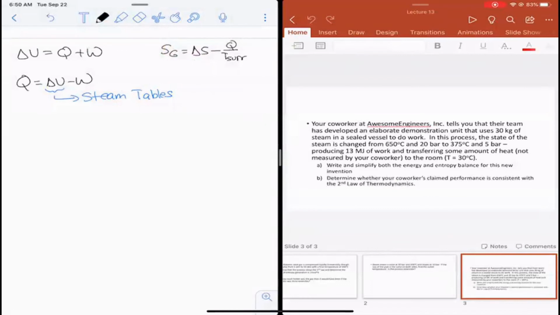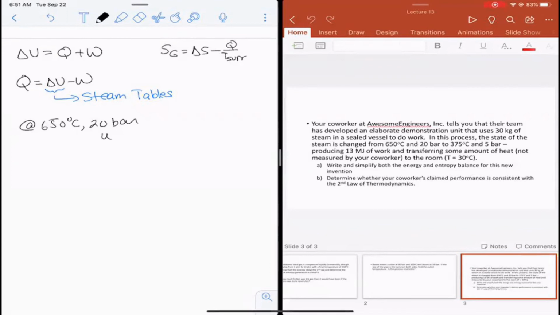So we know that the initial state is 650 degrees C and 20 bar. And so if that's the case, we can read that directly from the steam tables.